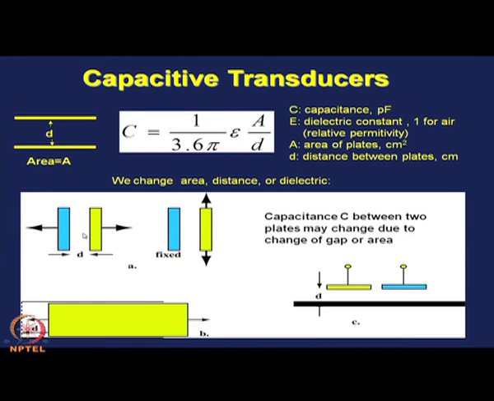So, there will be a change in capacitance. If one plate is fixed and another moves, the area between the two plates is changing. So, there will be capacitance change. So, I can have a variable area capacitance transducer or a variable distance capacitance transducer.